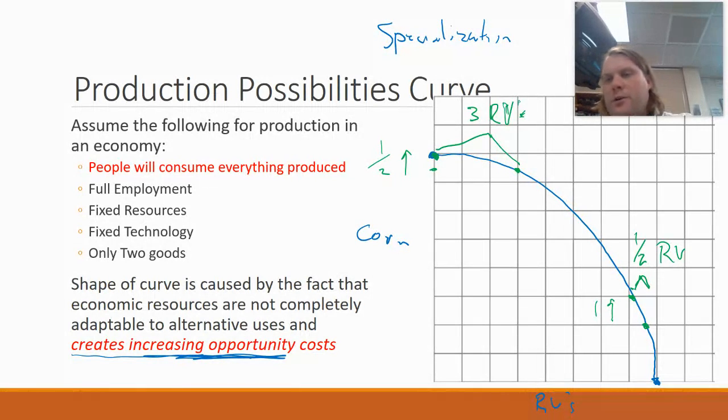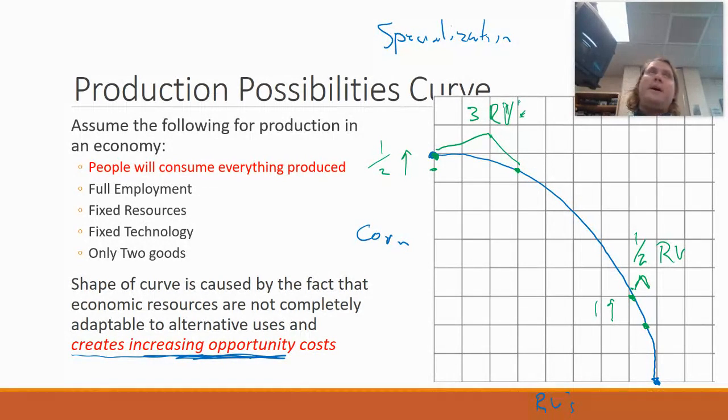There's only a half that I'm giving up there. And so, what that creates in that particular case is what we refer to as increasing opportunity costs. To produce one unit of corn down here, my cost is a half. To produce one half of a unit of corn up here, I'm giving up 3 RVs.